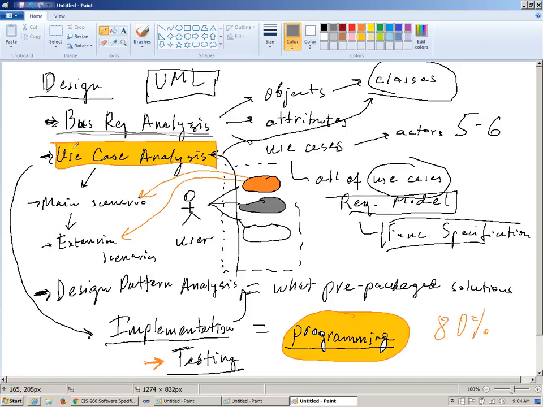However, transitioning from their view of the system to your own representation, which is this set of use cases, is like an investigation, right? This is pretty much the investigation of what needs to be done. You're acting as a detective, right?